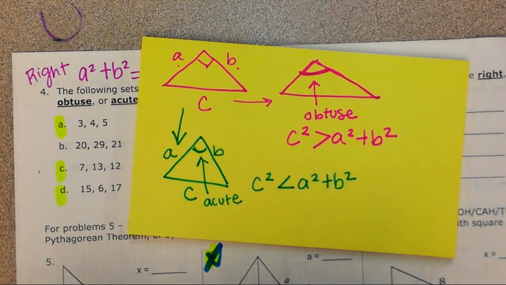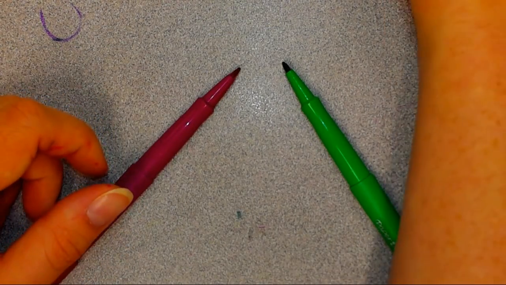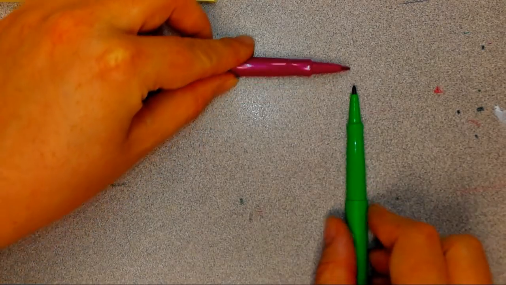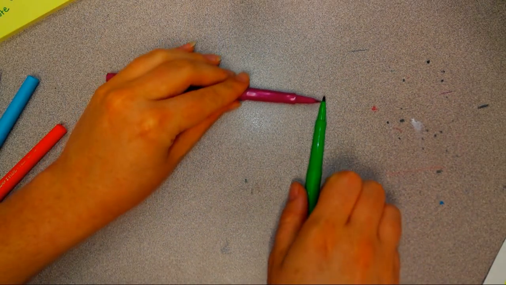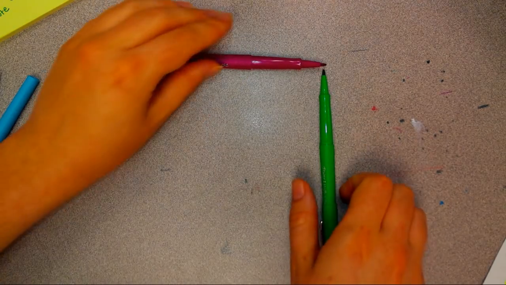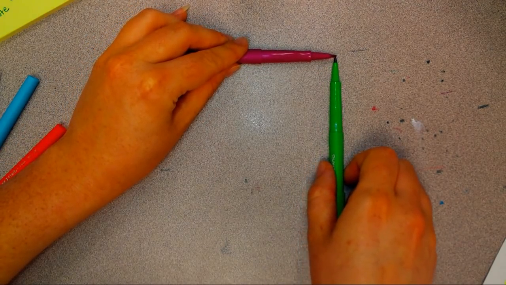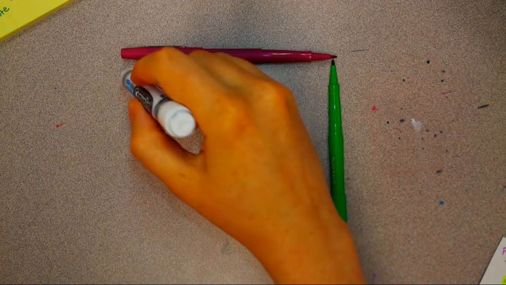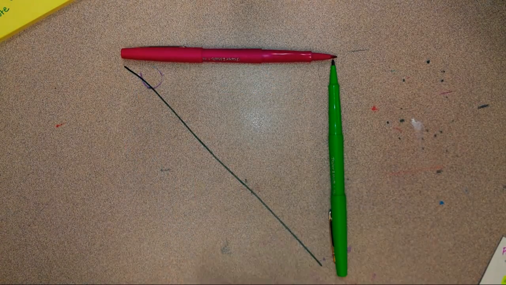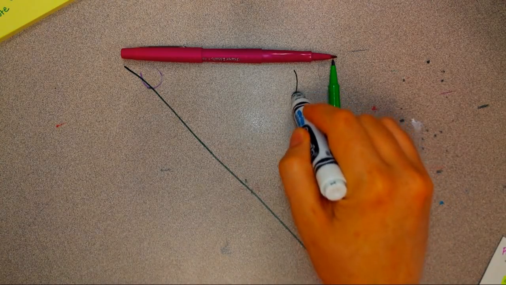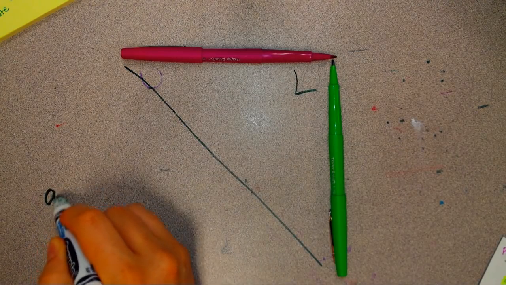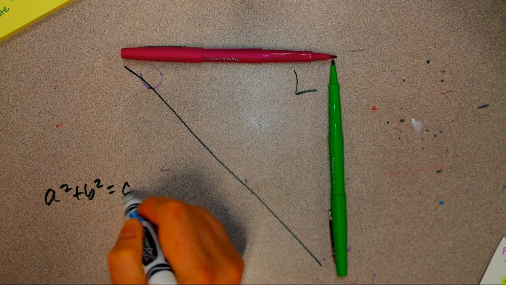Sometimes I like to use my own pens as an example. You sort of have to imagine the third line here, but if I put my pens together, forming a 90-degree angle, here's my right triangle where a squared plus b squared equals c squared.